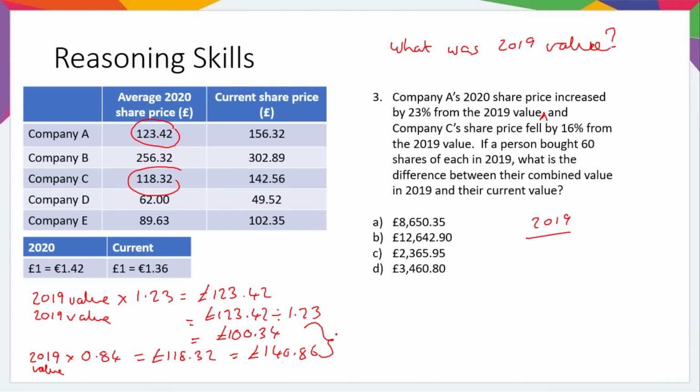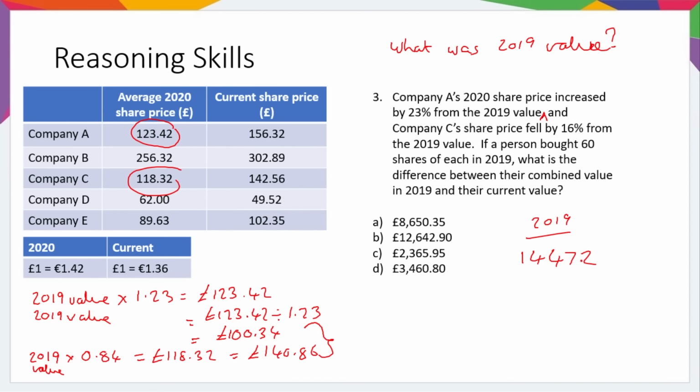So 100.34 plus 140.86 equals whatever, times that by 60. That tells us that in 2019 the 60 shares of each were worth 14472.